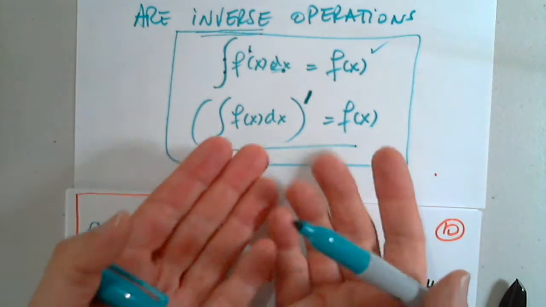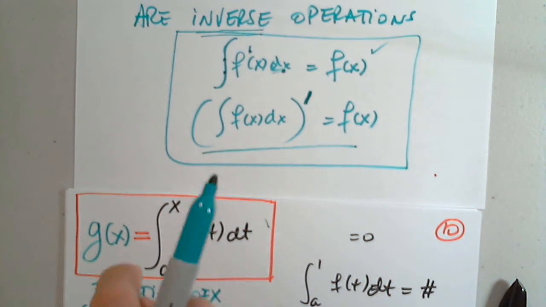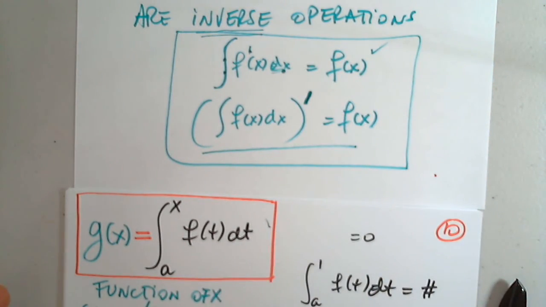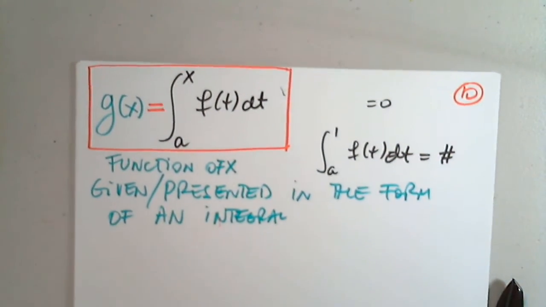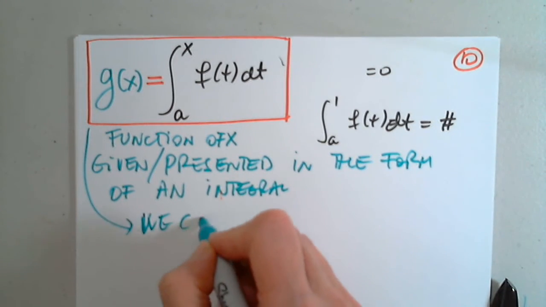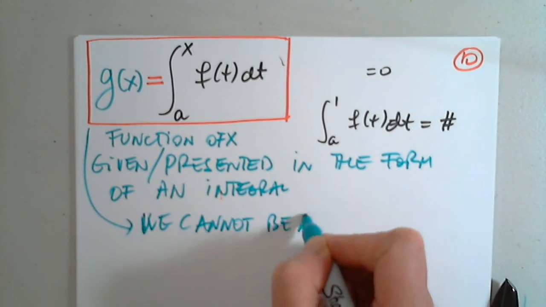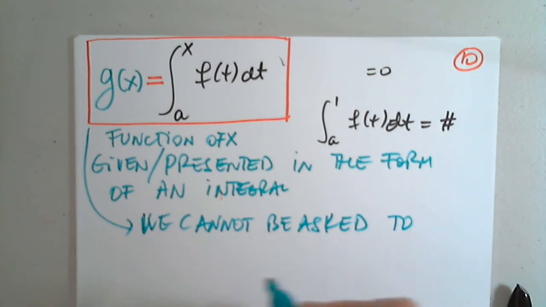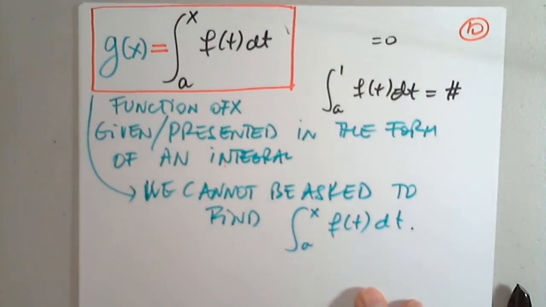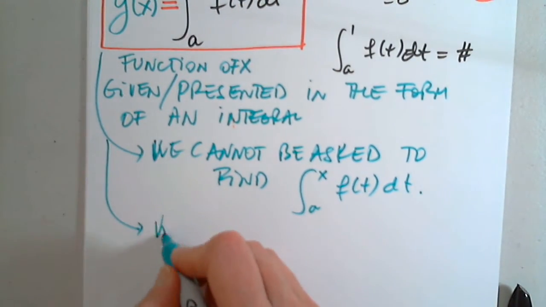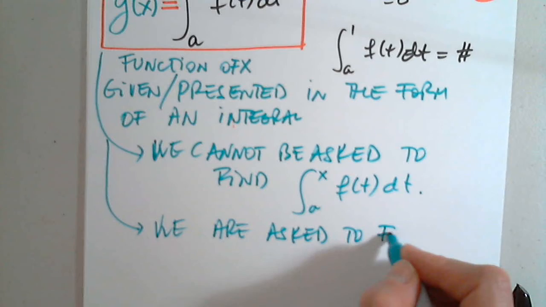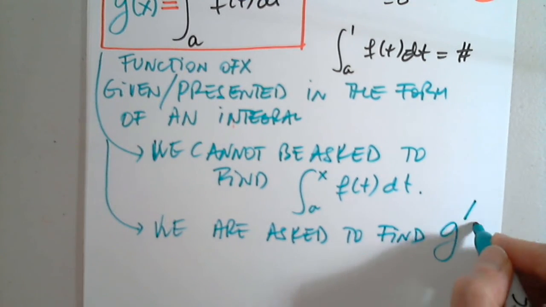So what am I going to do? I'm going to differentiate both sides of this to show that I'm getting that. That's the whole thing. Nothing else. So again, we cannot be asked to find the integral from a to x of f of t dt. No. We are asked to find g prime of x.